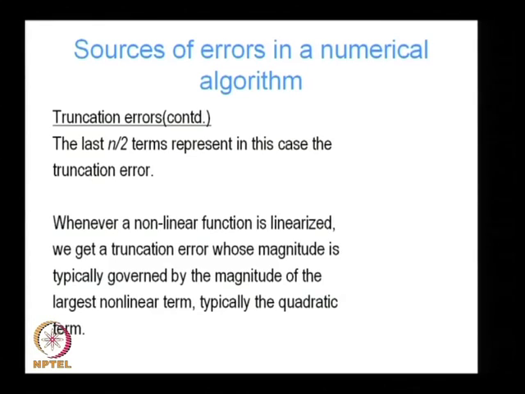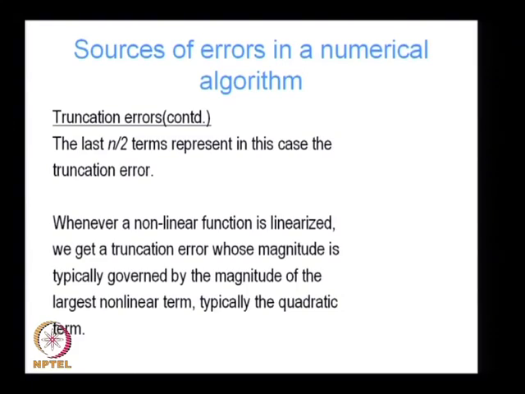For instance, whenever a nonlinear function is linearized, we get a truncation error whose magnitude is typically governed by the magnitude of the largest nonlinear term, typically the quadratic term. When we linearize a function, we ignore all terms higher than the first order term. If the first nonlinear term is the quadratic term, then the error is also second order.